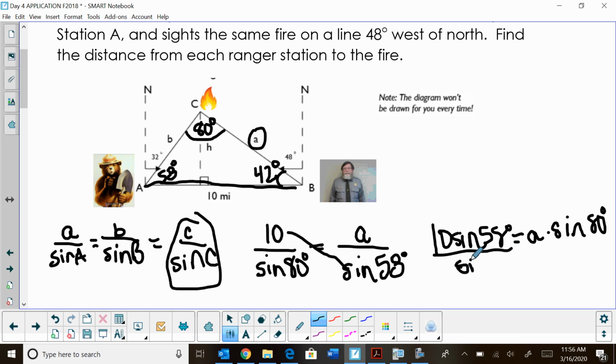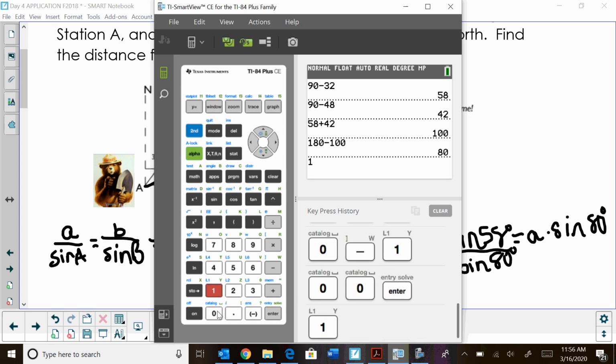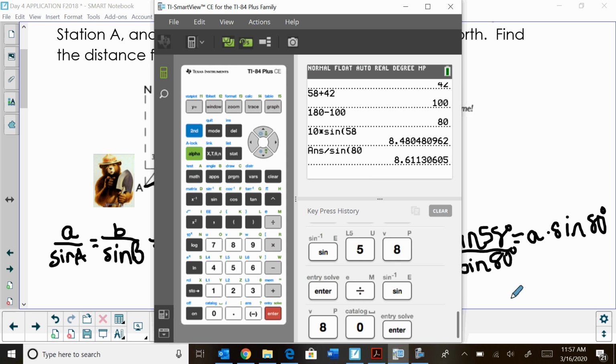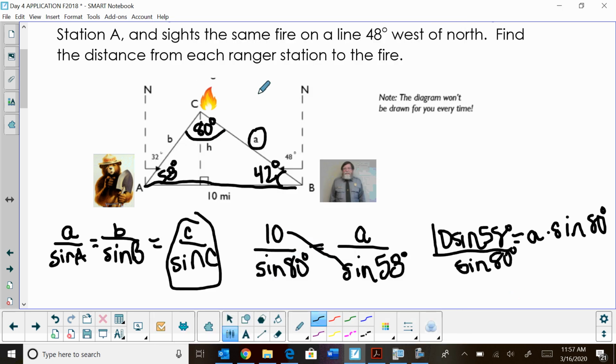So I'm going to type this left side in my calculator, which is 10 times sine of 58, all divided by sine of 80. Get that answer, divided by the sine of 80. And our answer is 8.6. So this distance is 8.6 miles.